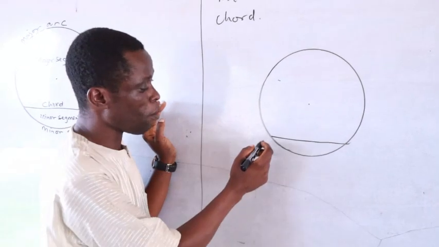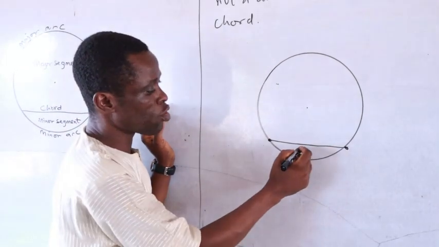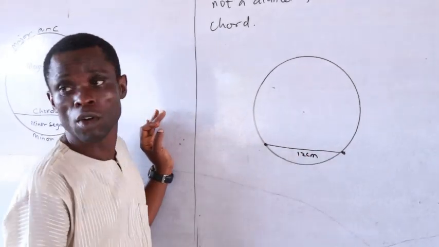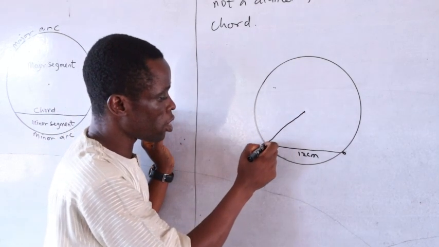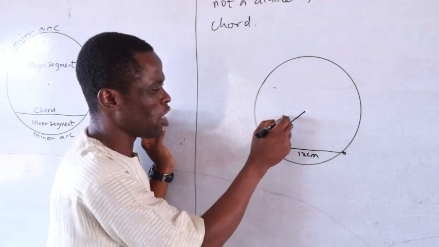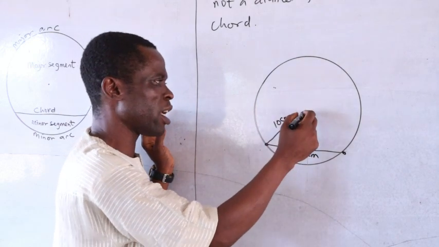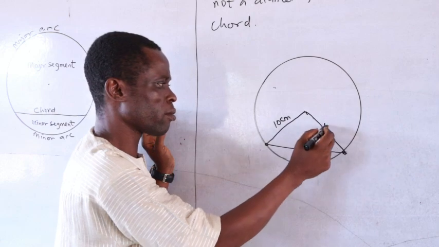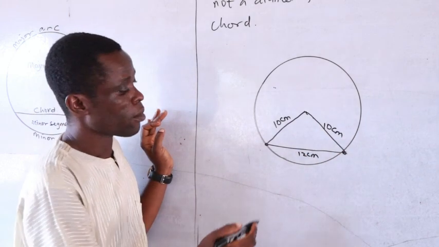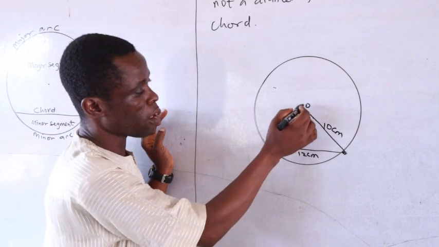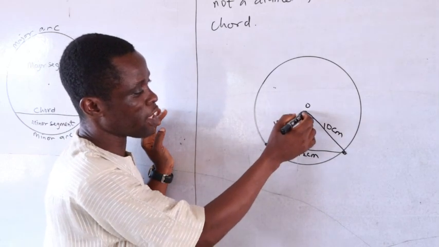A chord from here to here is 12 centimeter. The radius of the circle is 10 centimeter. As this radius here is 10 centimeter, this one too is 10 centimeter. Calculate the distance of the midpoint of the chord from the center of the circle.